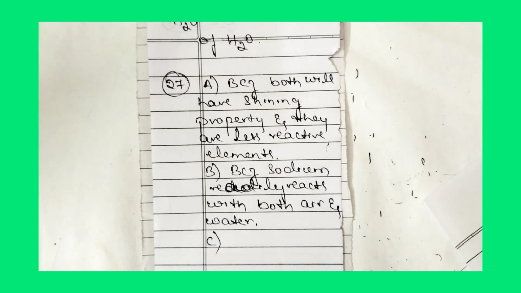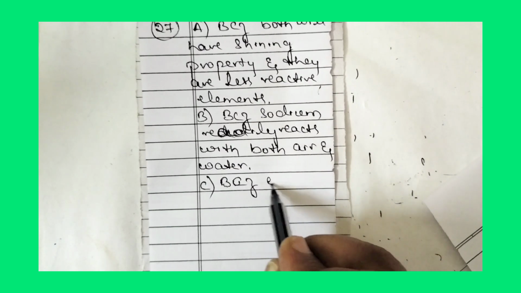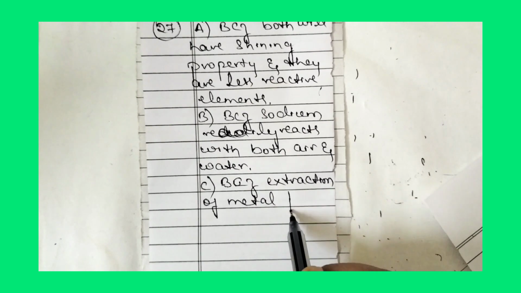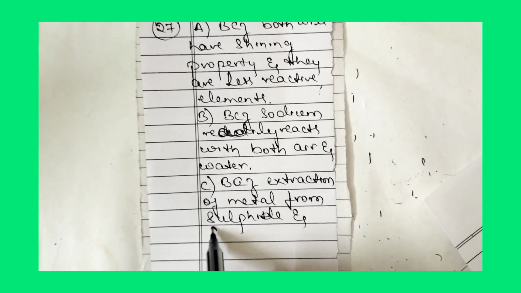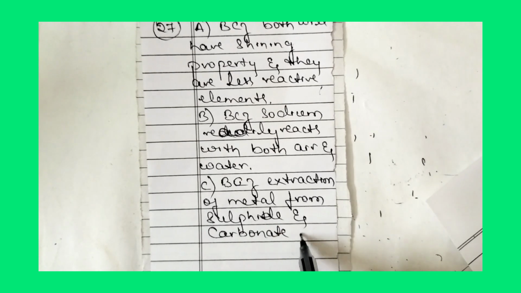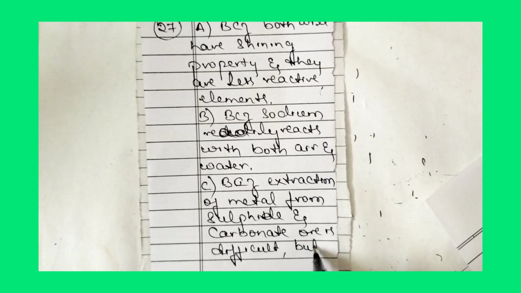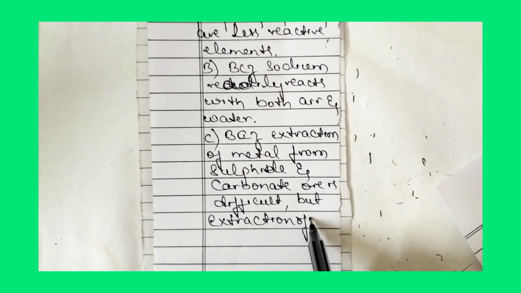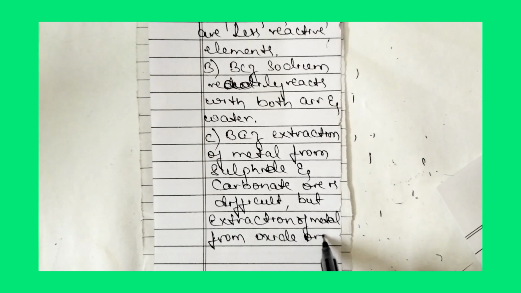Then there is the C question. Carbonate and sulfide ores are usually converted into oxide during process of extraction because extraction of metal from sulfide and carbonate ore is difficult, but extraction of metal from oxide ore is easy.